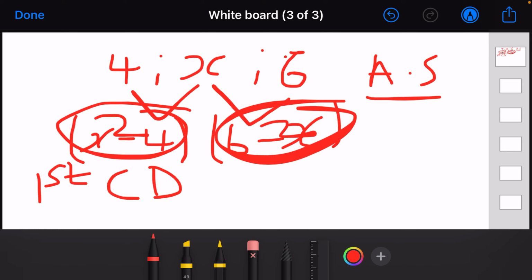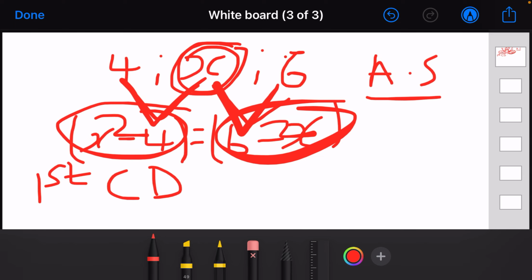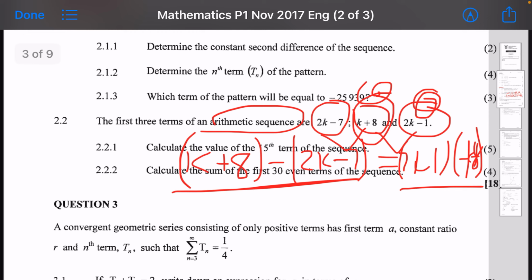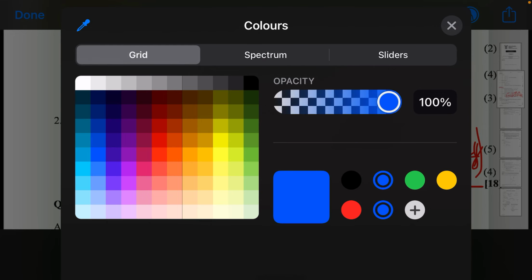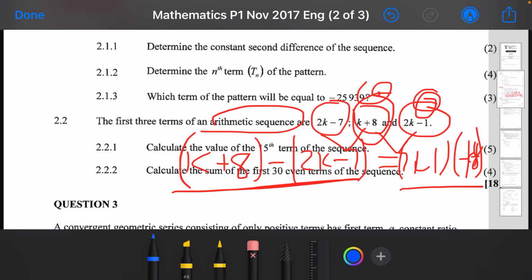So you have k plus 8 minus 2k minus 7, and this can be equated to 2k minus 1 minus k plus 8. So you can equate that and that.